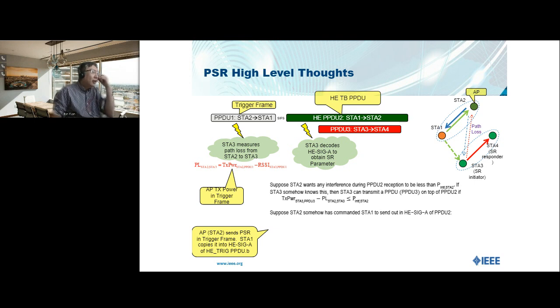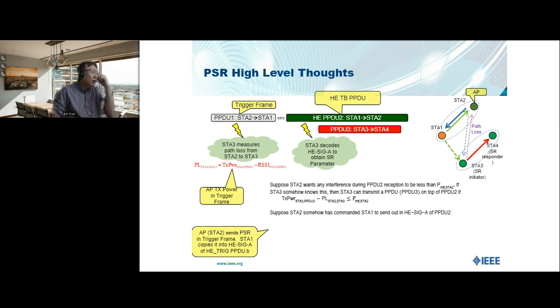Station 2 wants any interference during the PPDU2 reception to be less than the power P. If station 3 knows this, then station 3 can transmit PPDU3 on top of PPDU2 if it can make sure its transmission power minus the path loss from station 2, the AP, to itself, which we just computed when the AP transmitted PPDU1, is less than the desired interference level that the AP, station 2, wants to have.